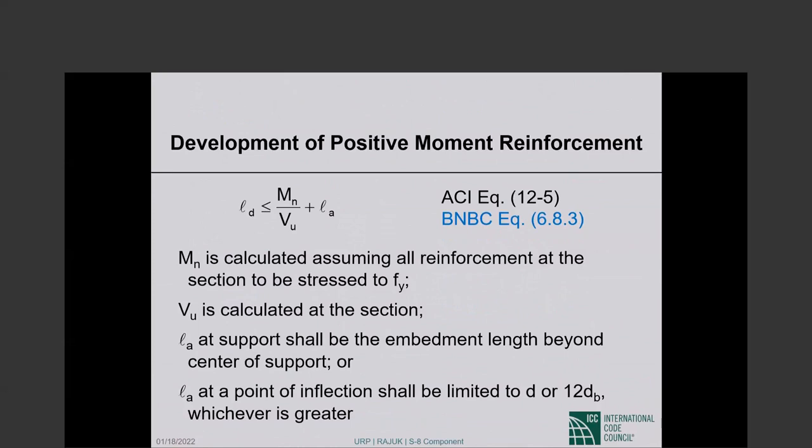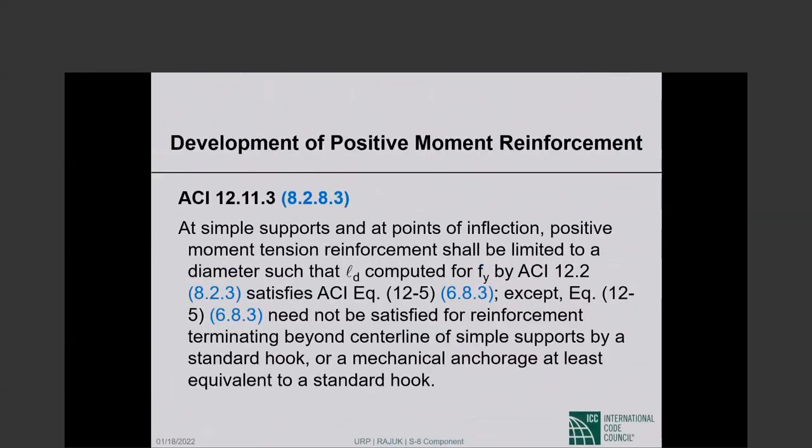So what we are talking about here is two locations, at simple supports and at points of inflection. We are trying to limit the bar diameter, the bar size. We do not want a small number of large bars. We want a larger number of smaller bars because that's better for bond. Okay? At simple supports and at points of inflection.